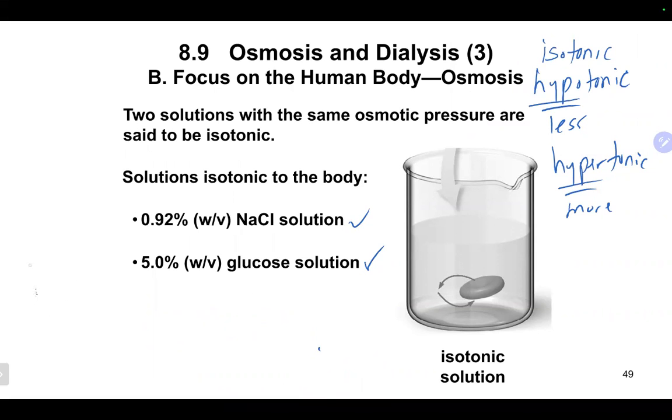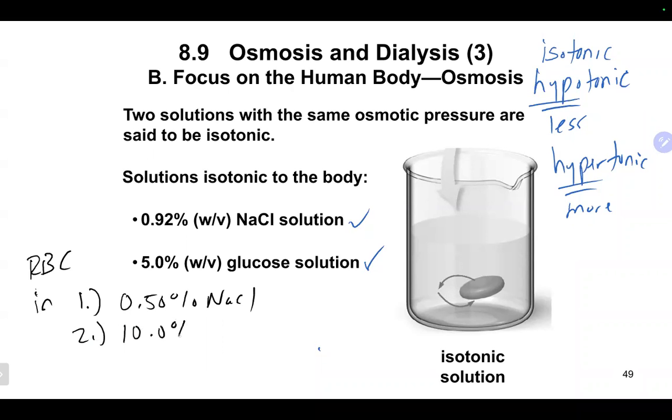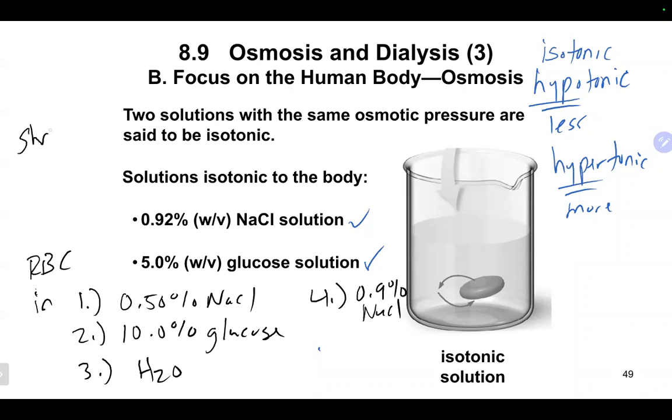So if we put a red blood cell in a 0.5% sodium chloride solution, into a 10% glucose solution, into water, and into a 0.9% sodium chloride solution, will the red blood cell shrink? Will it swell? We'll go through crenation or hemolysis.